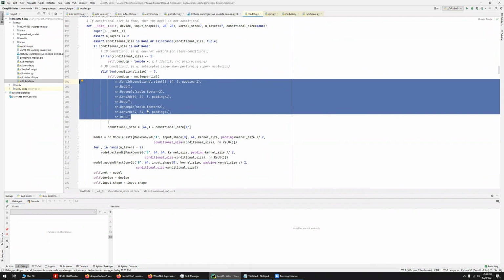Whereas if you're conditioning on a full image, then you have to do this kind of stuff where you are probably scaling it.